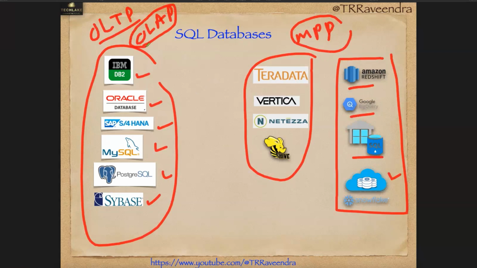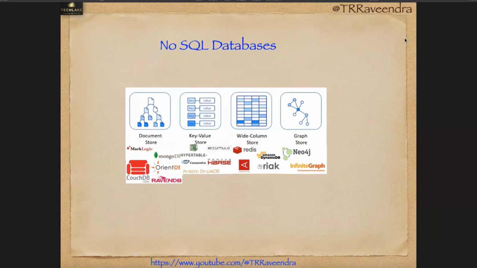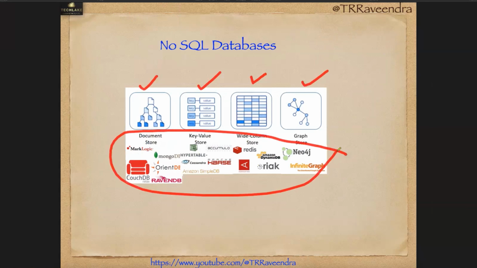Okay. Even there are some databases available, NoSQL databases. So NoSQL, when we look at a high level, document store databases, key value pair databases, wide column store databases, graph store databases. There are plenty of databases available. These are NoSQL databases. So databases means where we can store information, but primarily databases like transaction OLTP, OLAP, MPP data warehouses.